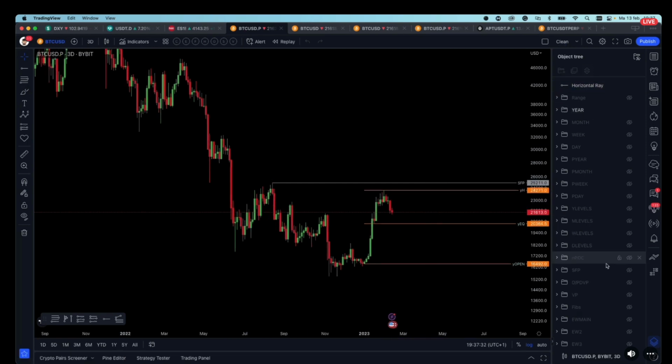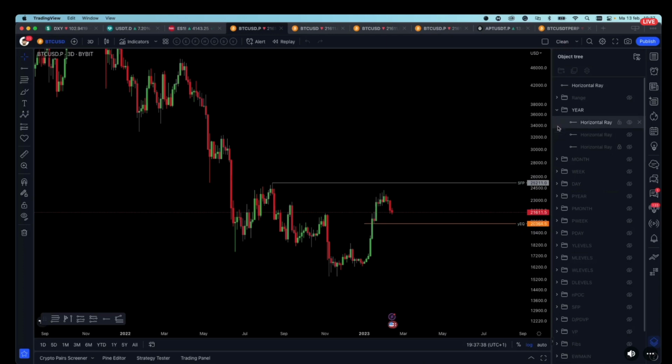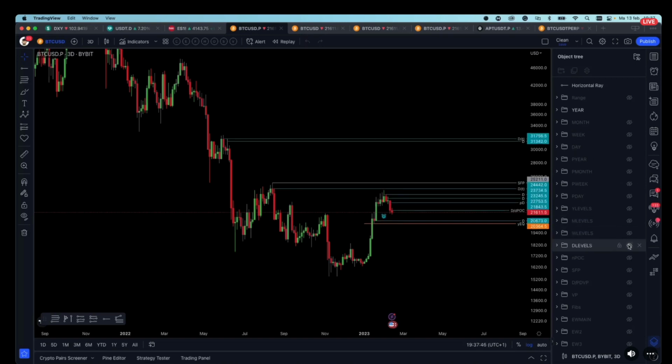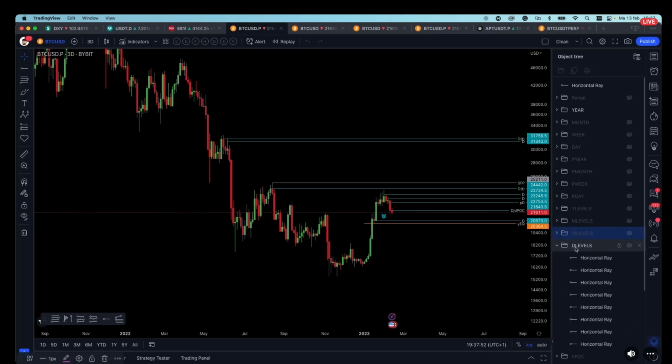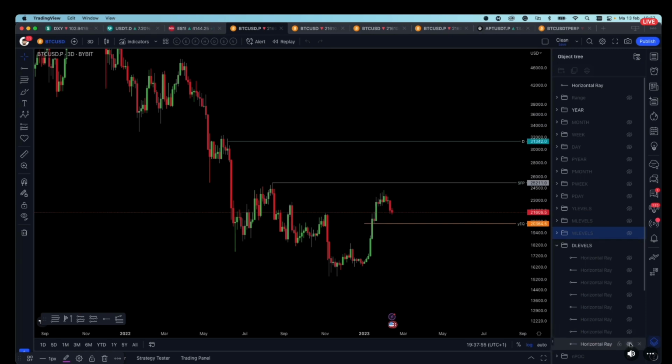So I don't want all these levels on my chart, so I just look for the main levels, and that is definitely your yearly equilibrium. Then on a monthly level, I will actually wait for that one. I look at my daily levels here, and I need only one, because that is potentially a support level too.